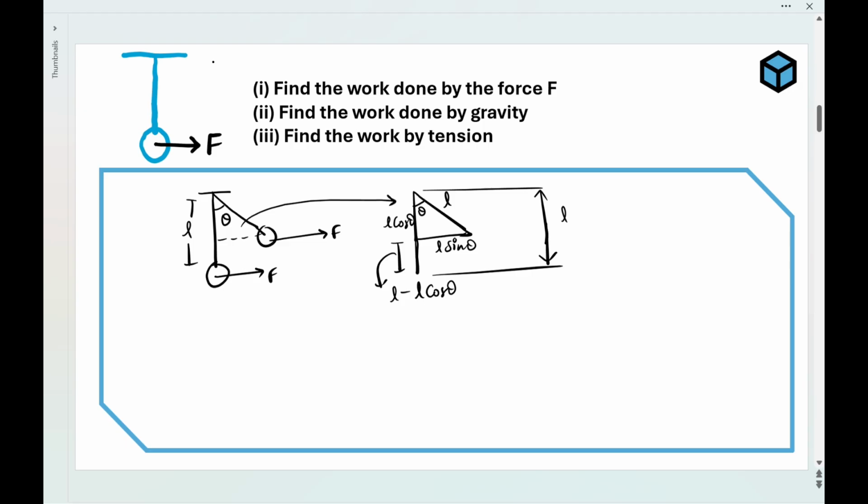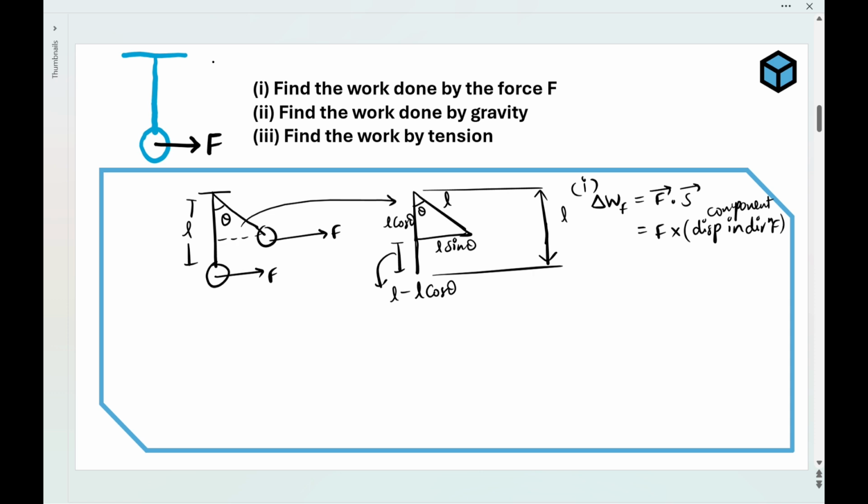Okay. So in the first case, the work done by the force F is, since the force is constant, F into the net displacement. As the force is in the horizontal direction, we can also write the force into the component of displacement in the direction of force.